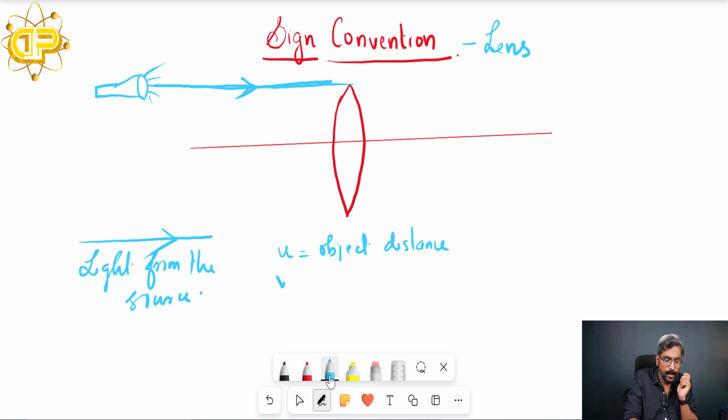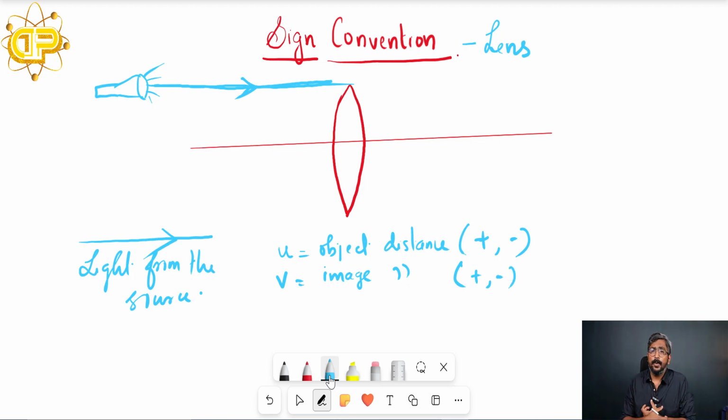What will be the sign of v, meaning image distance? Whether this will be positive or negative, we need to know. Two more attributes are there: height of the object, that is ho, and hi, that is height of the image. We need to know whether they are positive or negative.